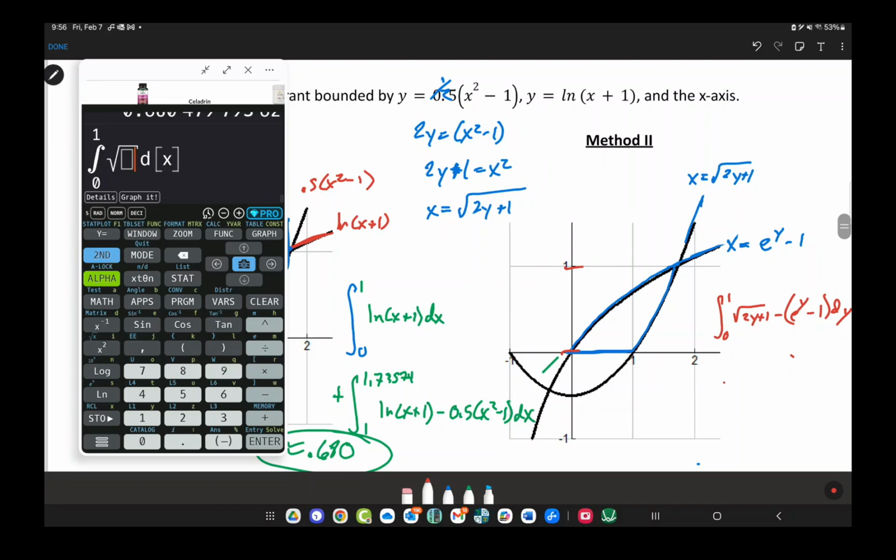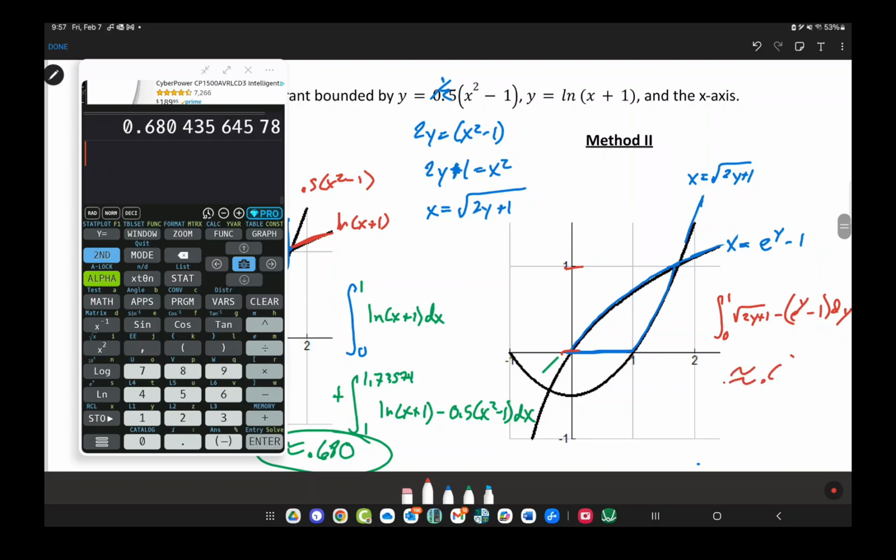So it's the square root of 2 plus 1 minus parentheses e to the x minus 1. And we get approximately 0.68. Same answer, as we should.